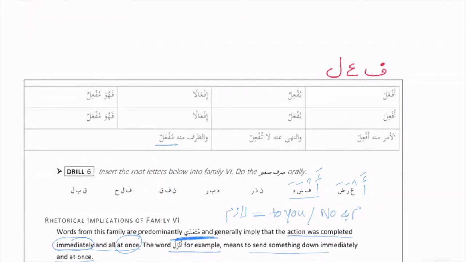Remember that we did nazzala versus anzala, right? So nazzala is happening bit by bit, slowly. Quran Pak was revealed bit by bit, nazzala. But anzala, something happening immediately, all at once. Like Torah and Injil, they were just revealed once, right? So that is the kind of implication over here.